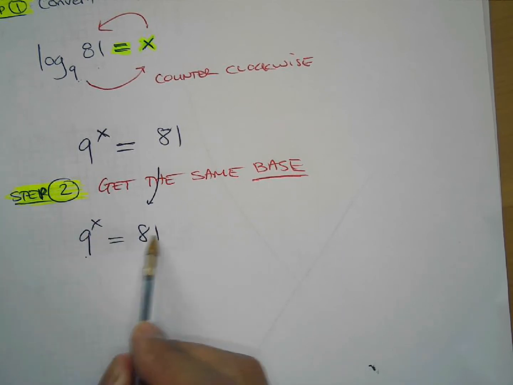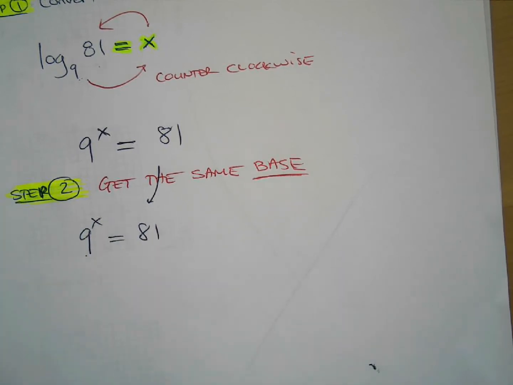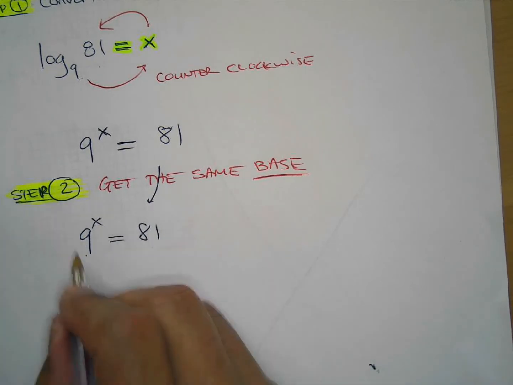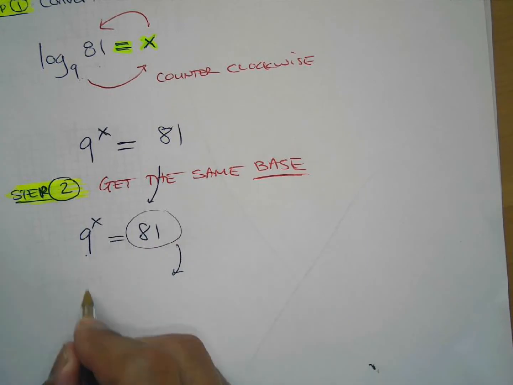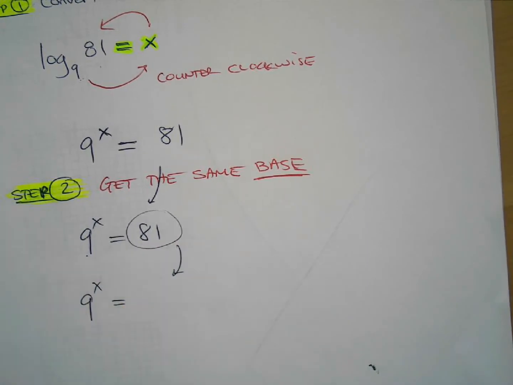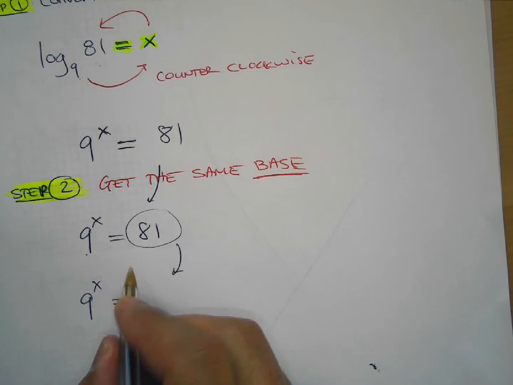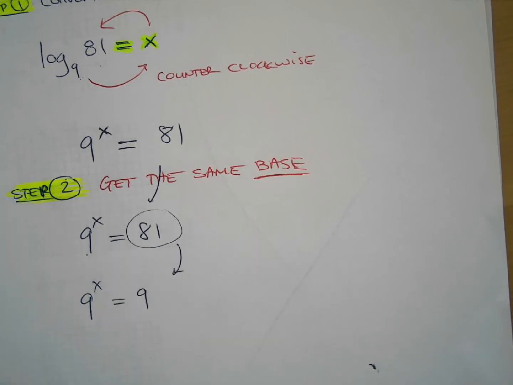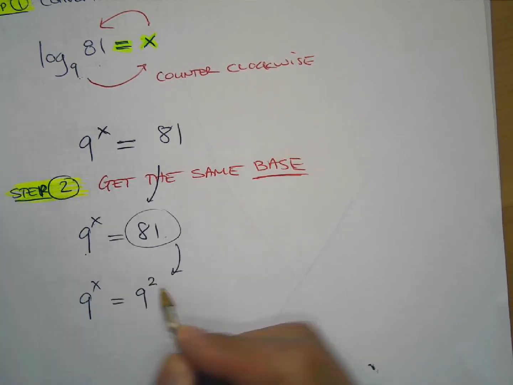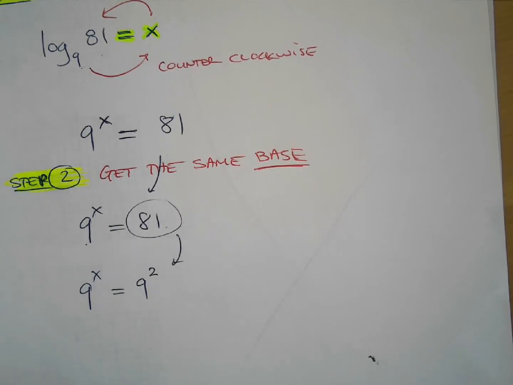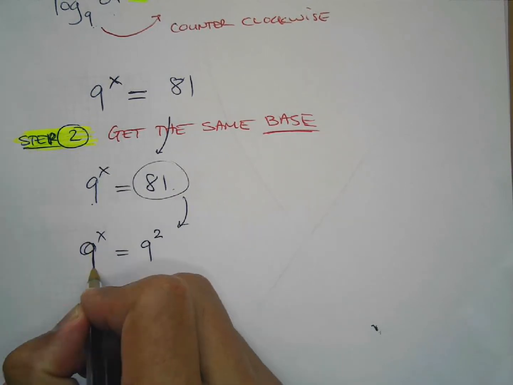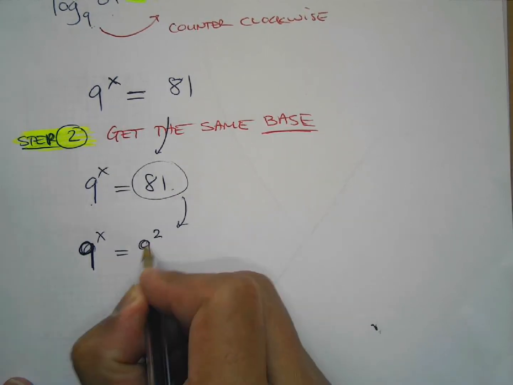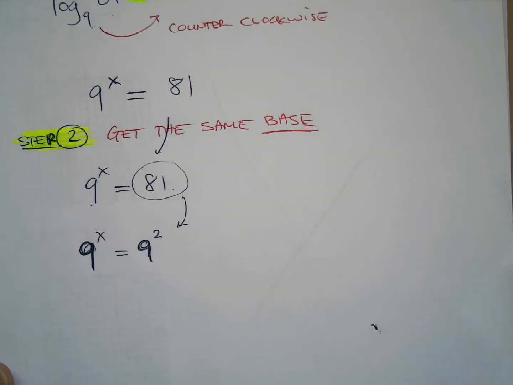This one has a base and an exponent. This one does. Can I rewrite 81 with a base of 9? Yeah, you can. You're going to change this 81. This will be 9 to the power of x equals to what? Well, 81 can be written as 9 to the power of what? 2, right? 9 squared. 9 squared is 81. Right? So we got the same base. The base is this 9. We got this base to be the same as this base.